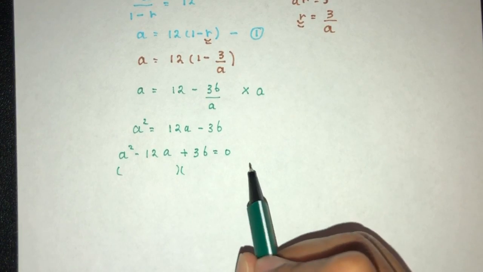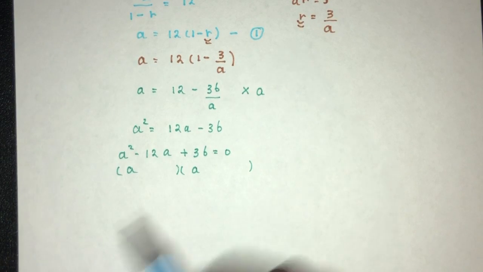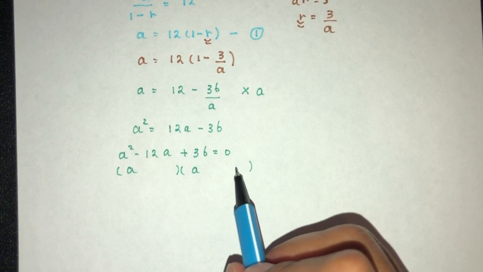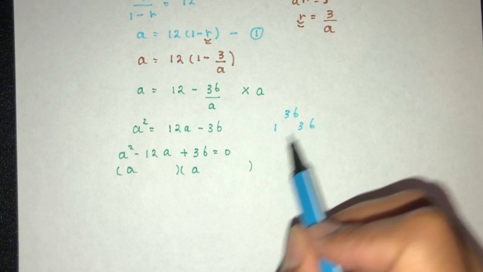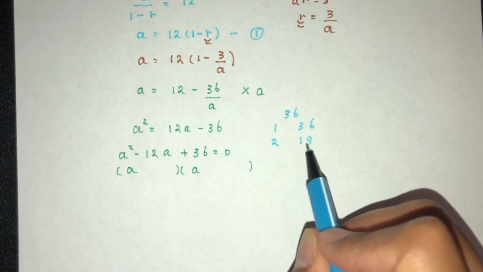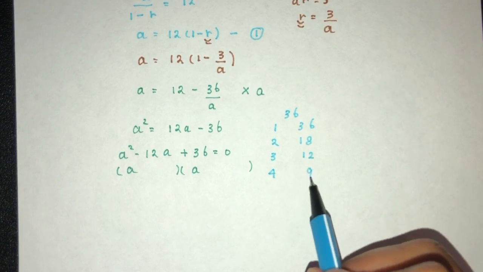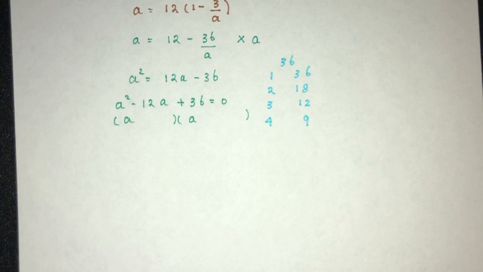Now we can simply factorize. So 36 is 1 times 36, 2 times 18, 3 times 12, 4 times 9, and that should be pretty much everything that we know.